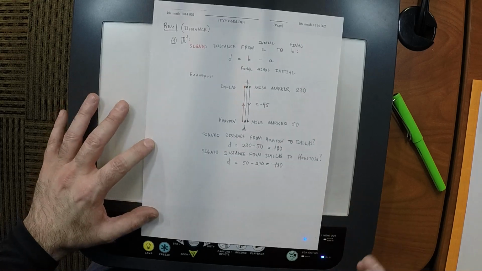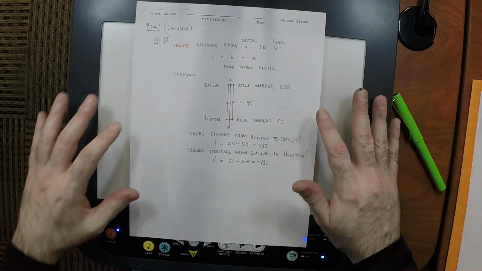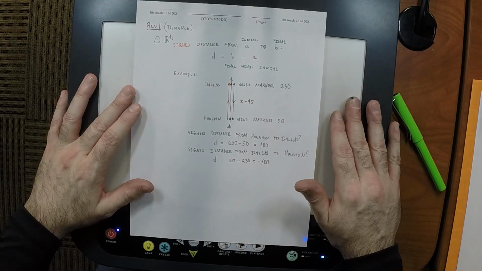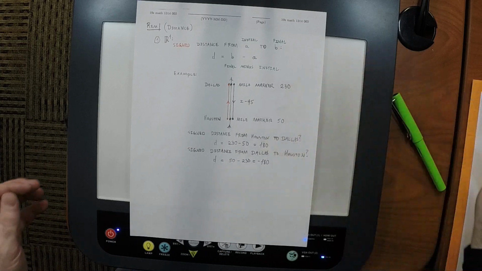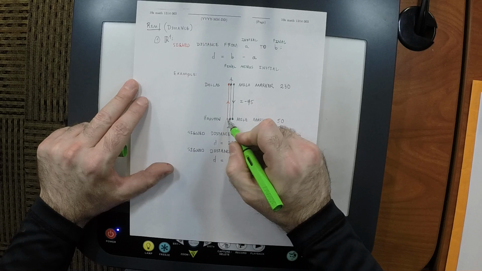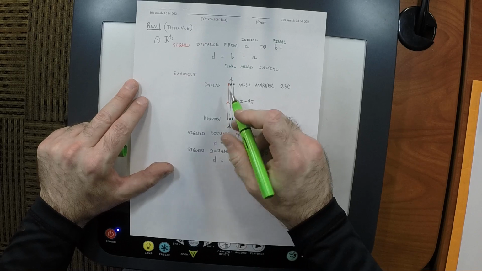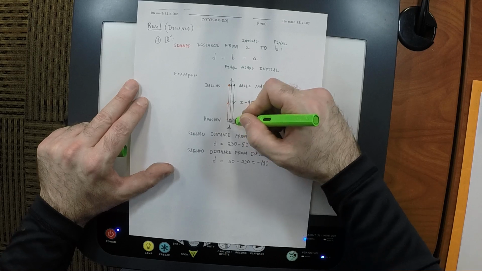Now, you could reasonably say something like, well, okay, negative miles, I'm not sure that makes sense. And it doesn't make sense in the sense that I suppose this would mean that from Houston to Dallas, your gas tank would be getting less, right?